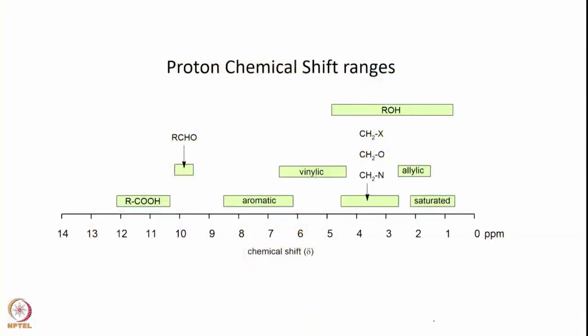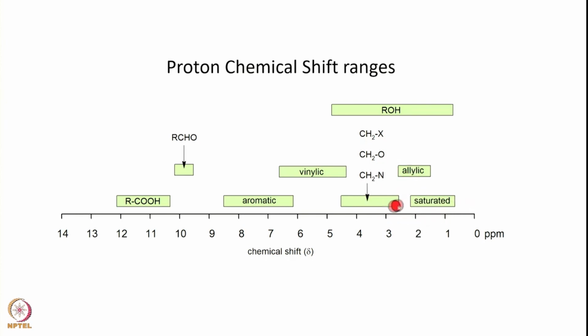Now, having worked with a large number of organic molecules, the chemists have come out with certain kinds of understanding as to what sort of groups will have what kind of ppm values. And this figure shows that sort of information here. So 0 ppm is what we said earlier, this is the TMS or TSP or whatever, and if you have saturated compounds those signals will appear between 1 and 2 ppm.